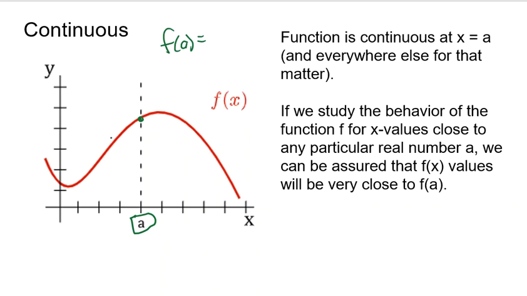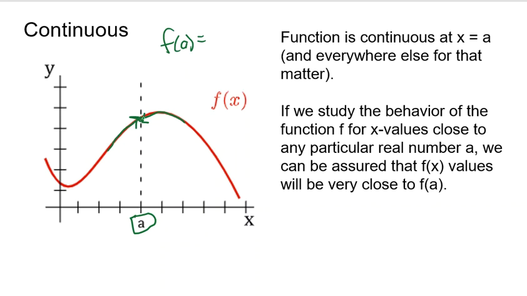Not only does there have to be a point there, but as we follow the function getting closer and closer to a from either side, from above a or below a, the values of those points are closer and closer to the value that we're actually at. I know I'm maybe not doing a great job explaining that, so I'm going to keep going because I really want you to understand this hugely important concept.